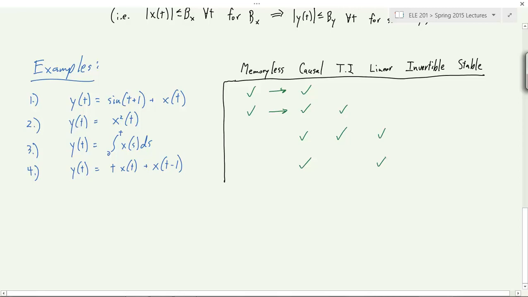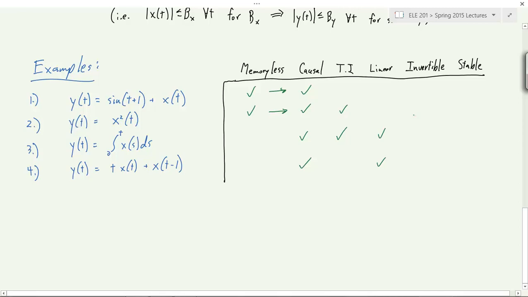And then for invertible, remember, we want to know if you put an arbitrary x in and you get y, could you recover x? Which systems do we think are invertible here? 2? Okay, great. And 2 is almost invertible. I'm going to actually say no because you lose the sign. Yes. But it's very close to being invertible.